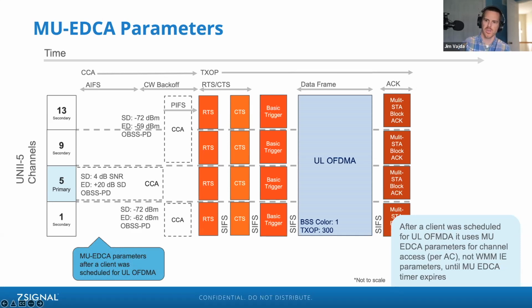We've got those WMM EDCA parameters that tell us the size of the contention window and the interframe spacing for the different QoS access categories. Well, once a client's been scheduled, now it's actually using a different set of multi-user EDCA parameters.